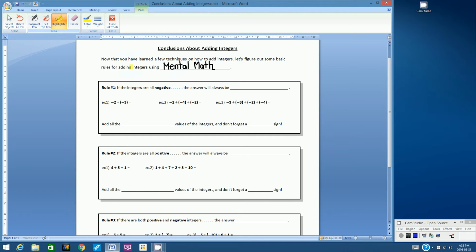So we want to use mental math instead of drawing out the tiles or drawing out a number line. All right, there are three basic rules. Rule number one and rule number two are very simple. Rule number one, if the integers are all negative, then the answer will always be negative.